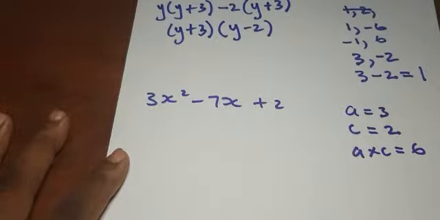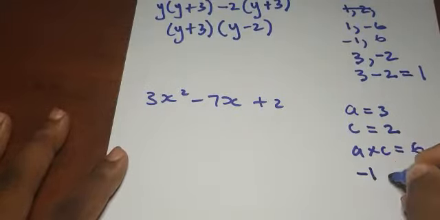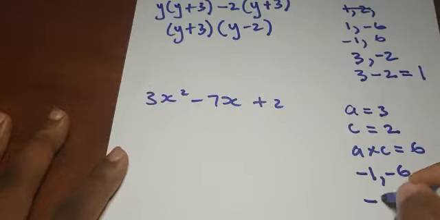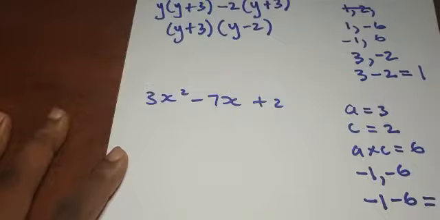We're looking for factors of 6 such that when we add them or subtract them, we get -7. I can run quickly to the solution, in the interest of time. We can see that -1 and -6, when we multiply them, of course we get +6. And when we put them together like so, we get -7.